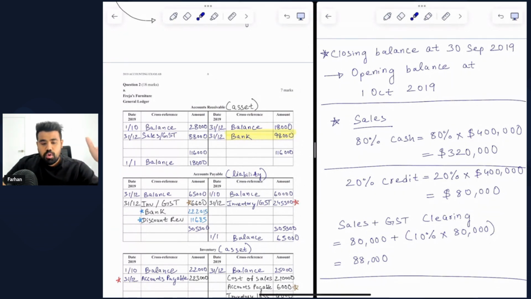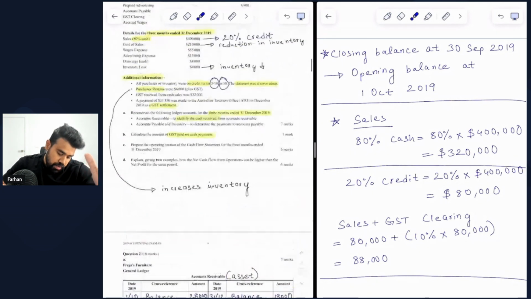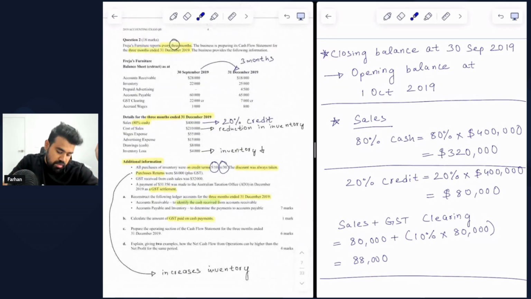Now, when do accounts receivable go up? When we make more credit sales to these people, right? So if you check the question in this section, they have provided us with the sales, which is 80% cash, and the total sales is $400,000.